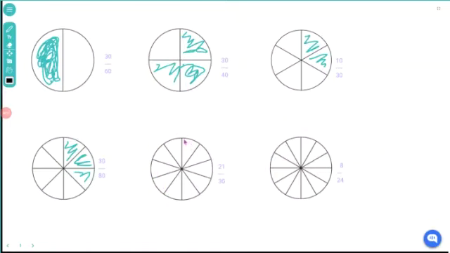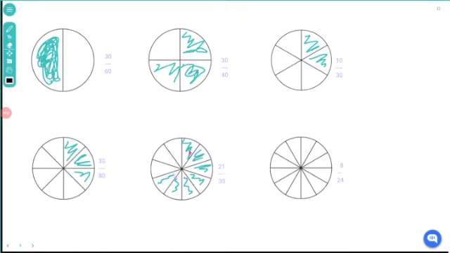So 3, 6, 9, 12, 15, 18, 21. So now we've shaded in 21.